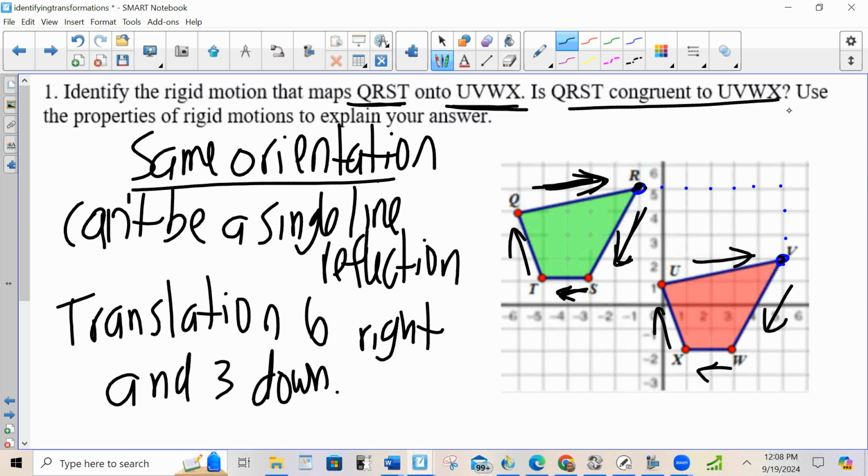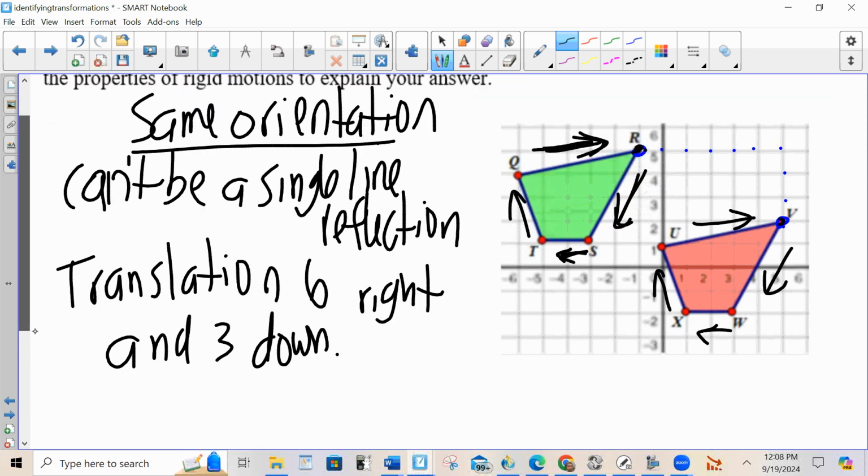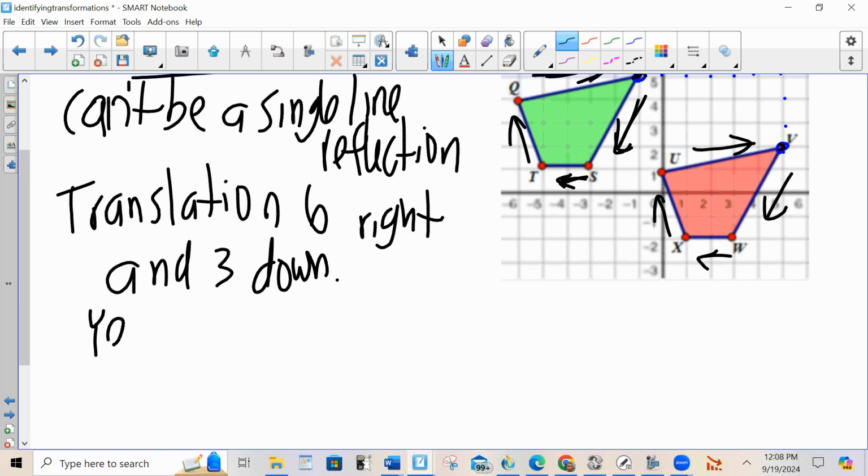Are they congruent? Use the properties of rigid motions to explain your answer. Any translation, reflection, or rotation is a rigid motion. It always preserves a congruent figure. So, is it congruent? Yes. A translation is a rigid motion.